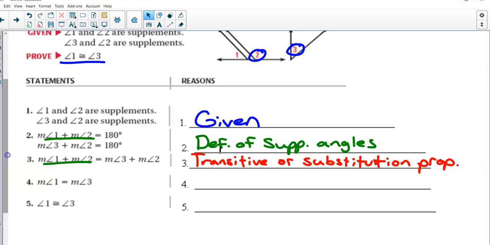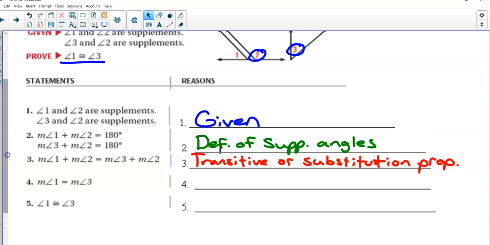Next statement, number 4, is the measure of angle 1 equals the measure of angle 3. How can we get to the measure of angle 1 equals the measure of angle 3 from what we have before it?